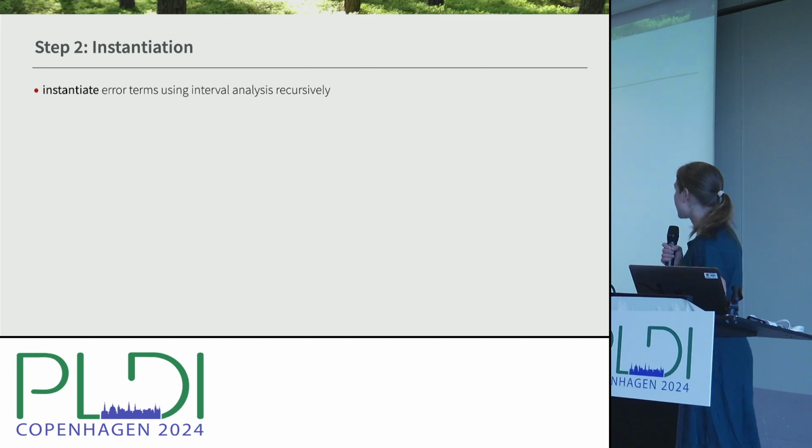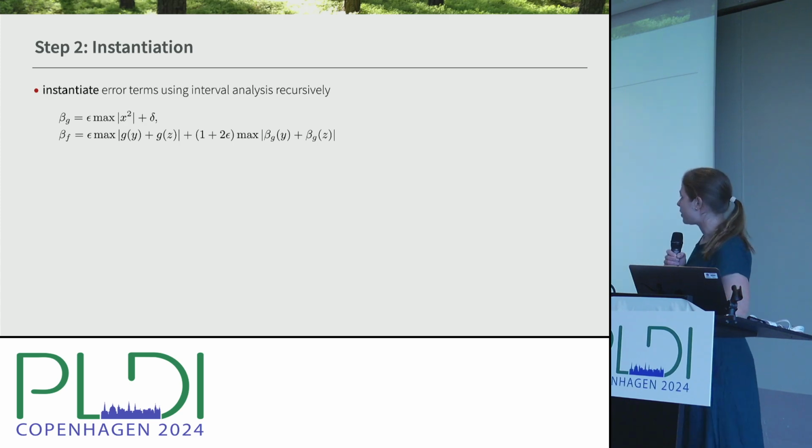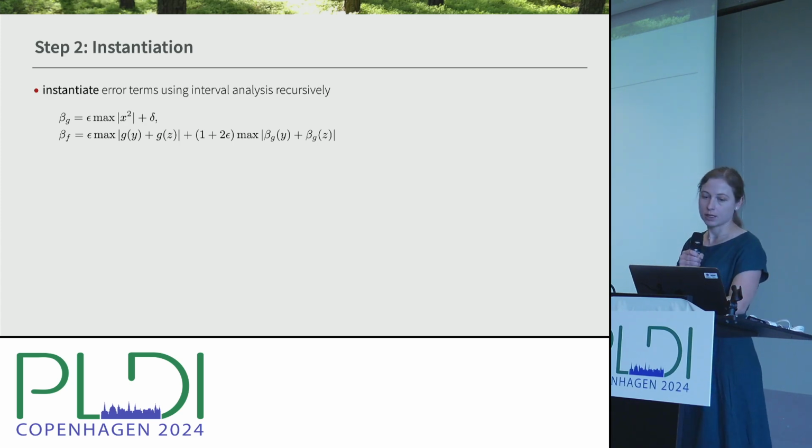And then, once we get to the second step, we instantiate all of the error terms with interval analysis. So we just plug in the values, the bounds that we know for the E's and the D's and so on.